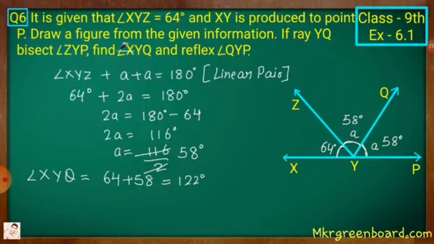That is XYQ. Therefore they are asking for the reflex. Which one is reflex now? Remaining we extended some line, Q line. So that is a reflex angle.